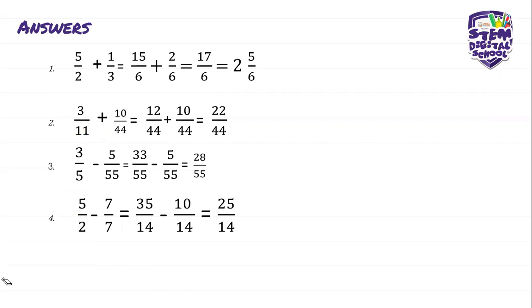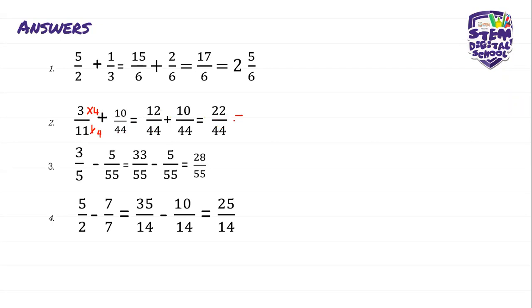Since I can change that into 44, I can multiply this by 4 and multiply this by 4. And then I get an answer of 12 over 44. This is already 44 because our LCD is 44. So 12 plus 10 equals 22 all over 44.